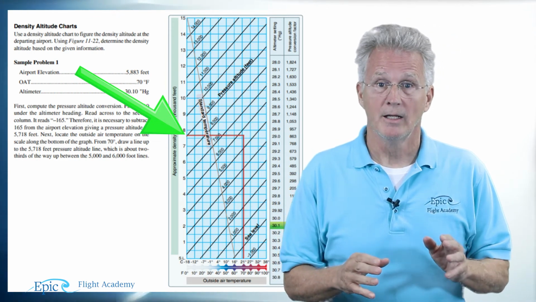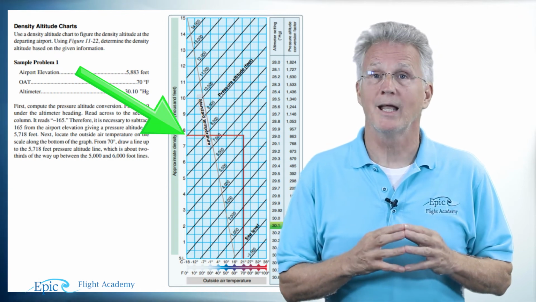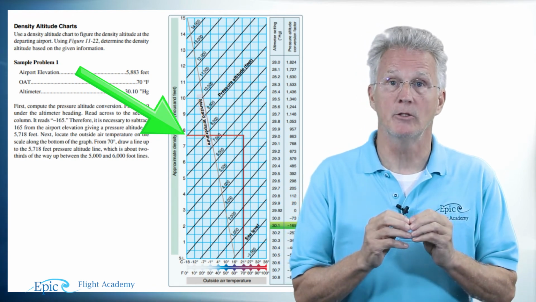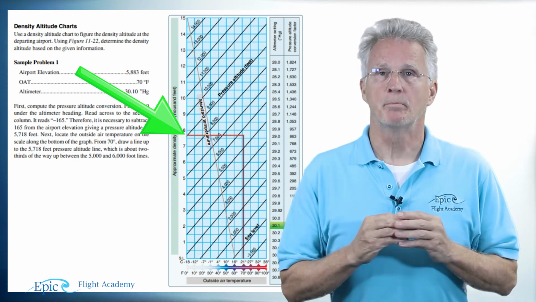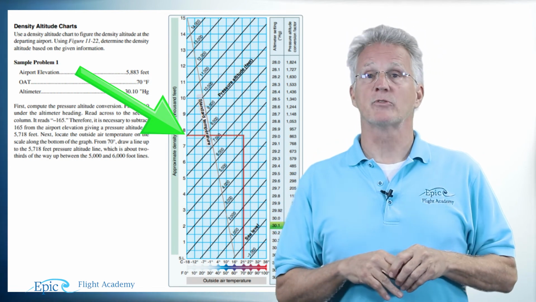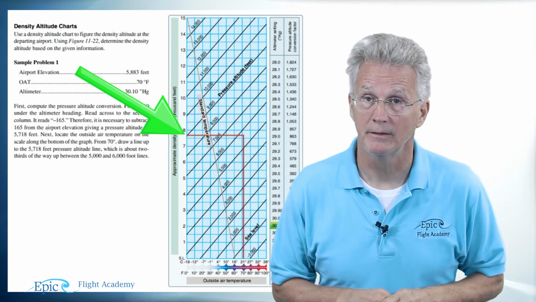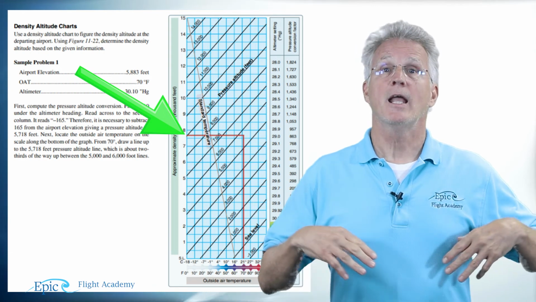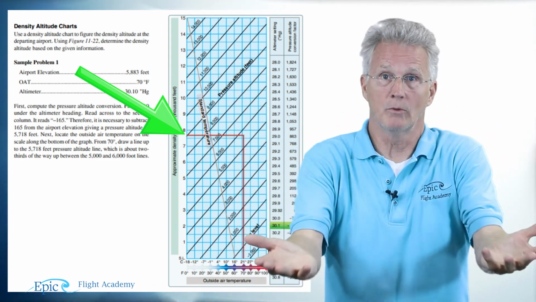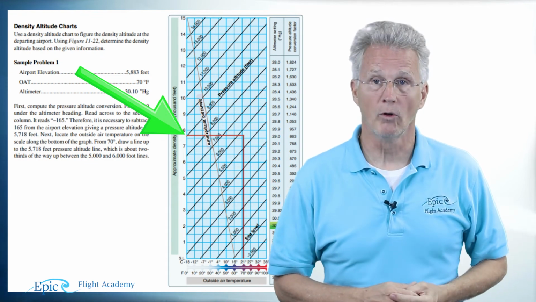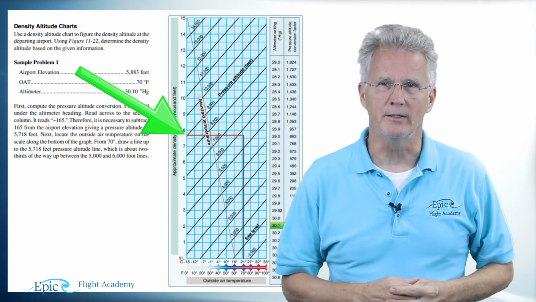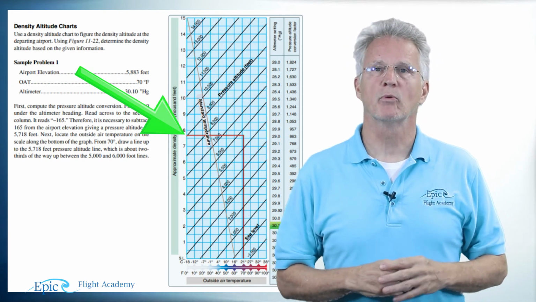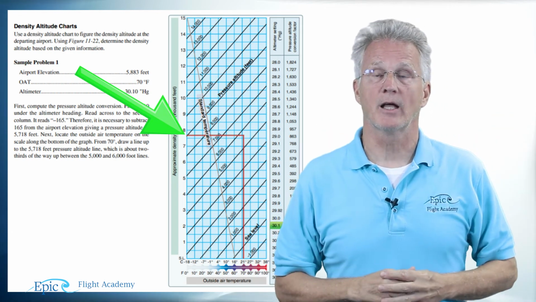That's telling me that even though my airport elevation is 5,883 feet, with a pressure altitude of 5,718 feet and a temperature of 70 degrees Fahrenheit, the airplane feels as though it is performing at 8,000 feet. That's over a 2,000 foot difference. The airplane will perform as though it were actually at the higher altitude.